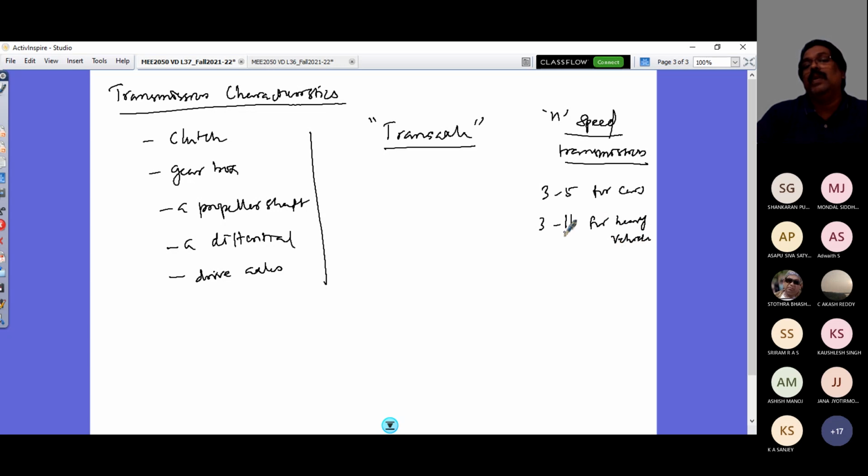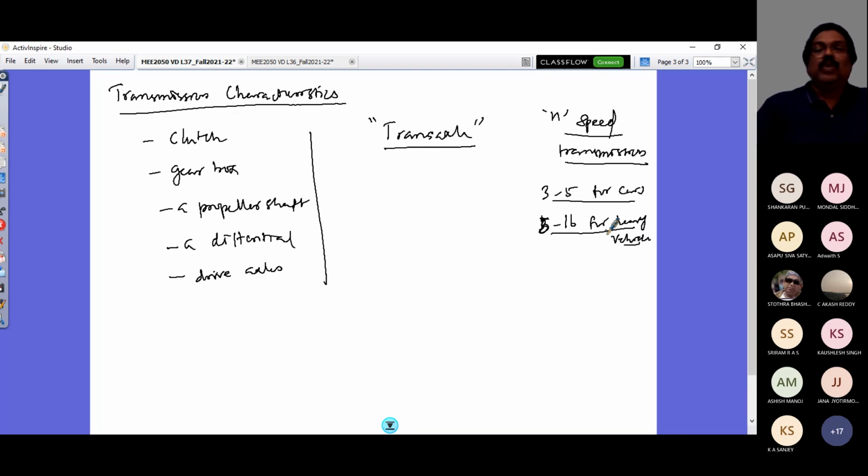So the speeds that are felt at the drive axle may be varied from 3 to 5 in a passenger car, or, sorry, minimum 5 required for a heavy vehicle, 5 to 16 in a heavy vehicle transmission.